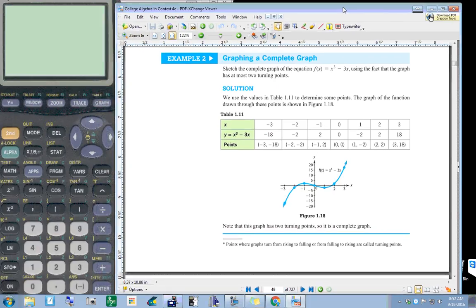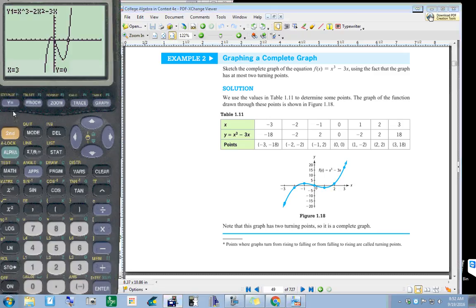First thing, always reset the calculator. After you turn it on with the on button, you hit second plus 7 1 2. That way it's been reset back to its normal parameters and you don't have to worry about much of anything else. Now, we're going to put the equation in.